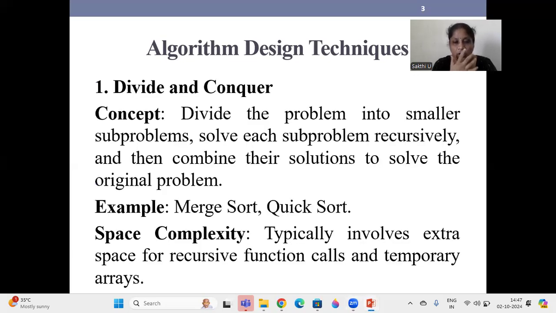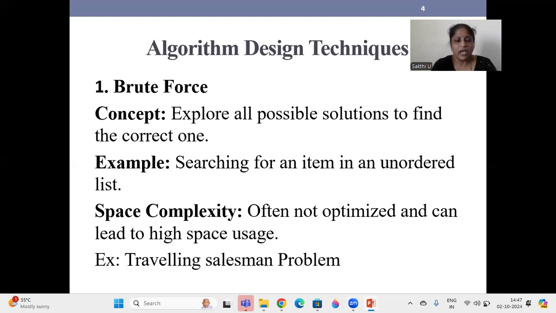So divide and conquer method: divide the problem into subproblems and solve in multiple stages. Examples: merge sort and quick sort. It uses recursive function calls. It gives order of n log n time complexity. And the brute force. This is a very basic approach.